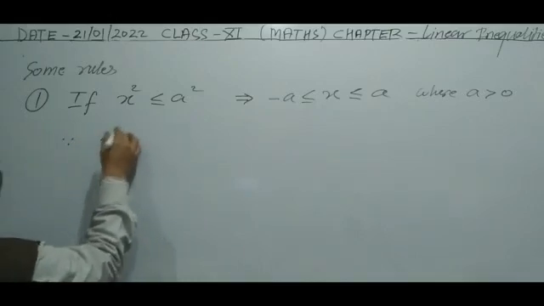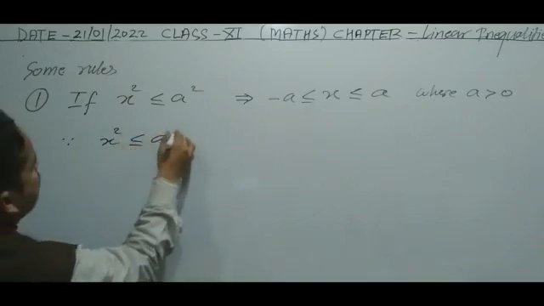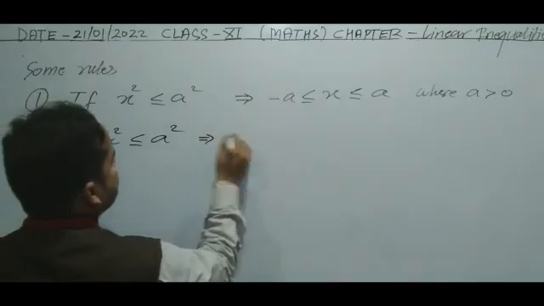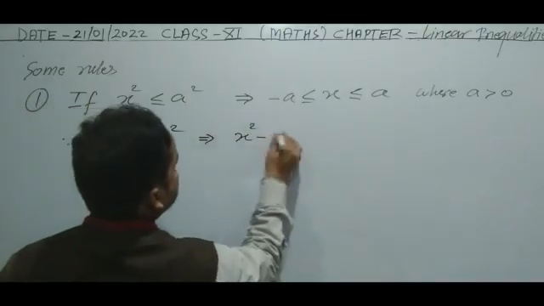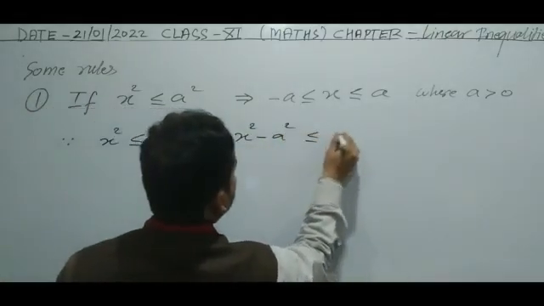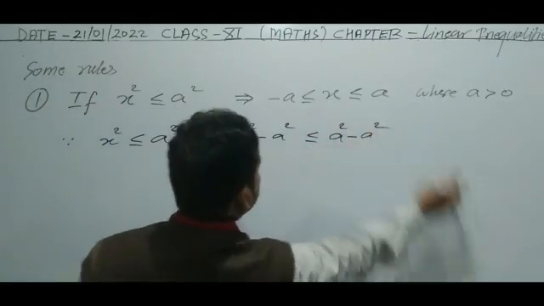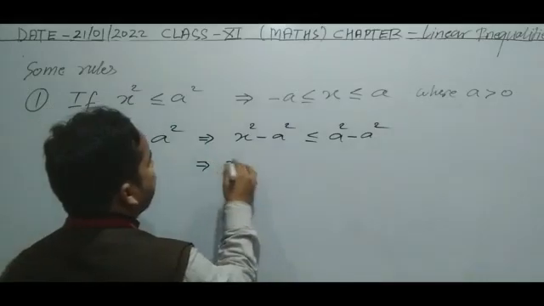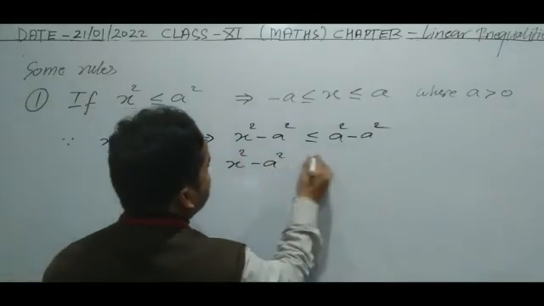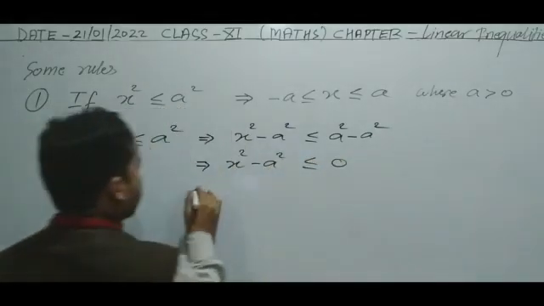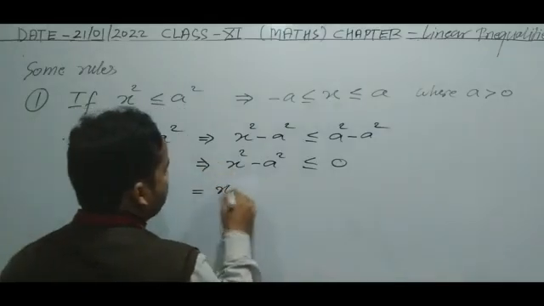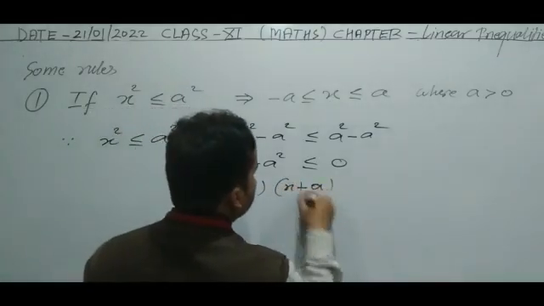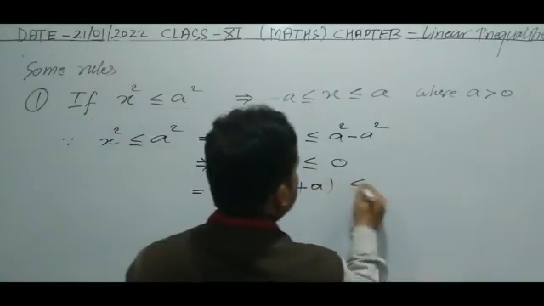Since x square is lesser equal to a square, this implies x square minus a square is lesser equal to a square minus a square, which is x square minus a square lesser equal to 0. This implies, by using the formula, x minus a into x plus a is lesser equal to 0.